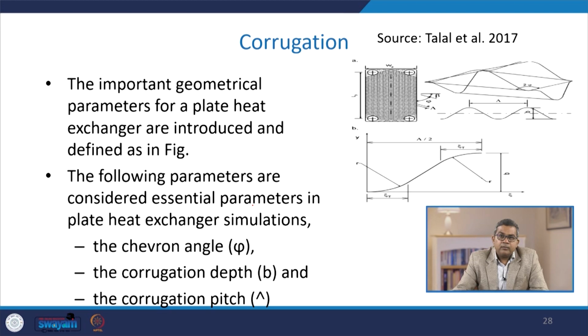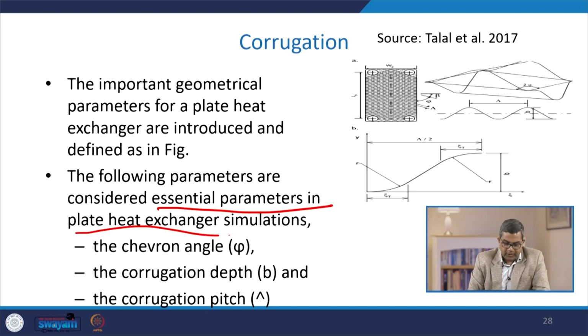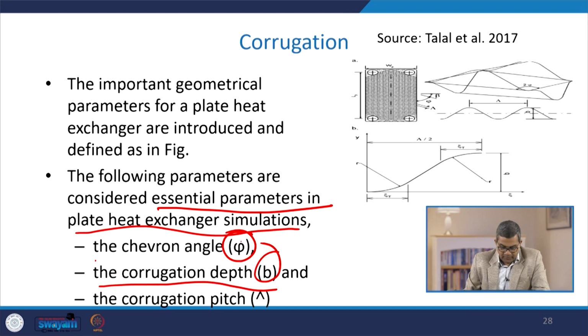Usually, while considering these aspects, the following parameters need to be considered as essential parameters in plate heat exchanger simulation. One is the Chevron angle, that is phi, the corrugation depth referred to as b, and the corrugation pitch.